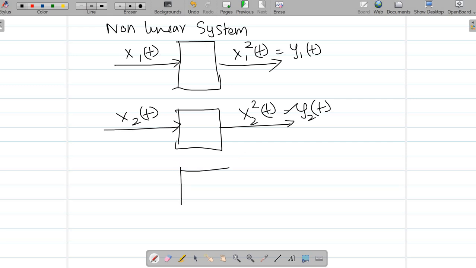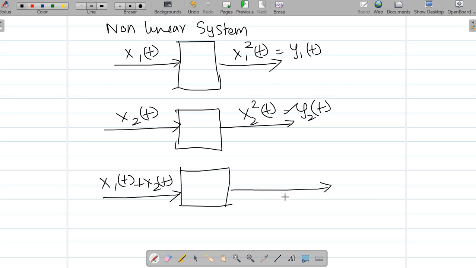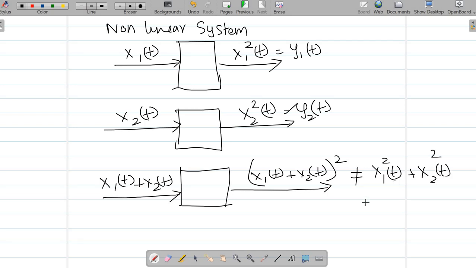Now what I do is I add up both the inputs and then send it through the transformation block. When I do it, I get an output which is x1 of t plus x2 of t, squared, which is not x1 squared of t plus x2 squared of t, which is y1 of t plus y2 of t.